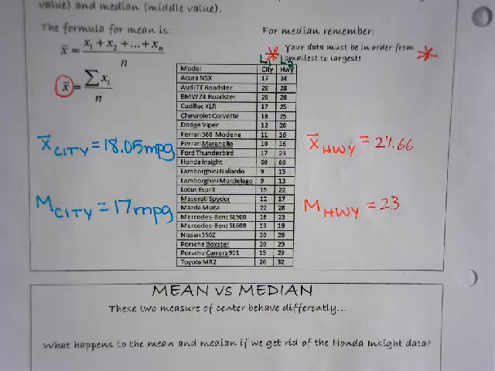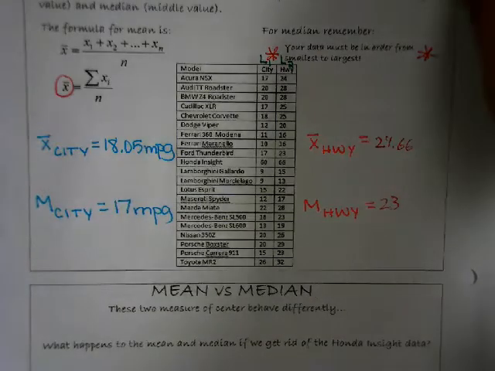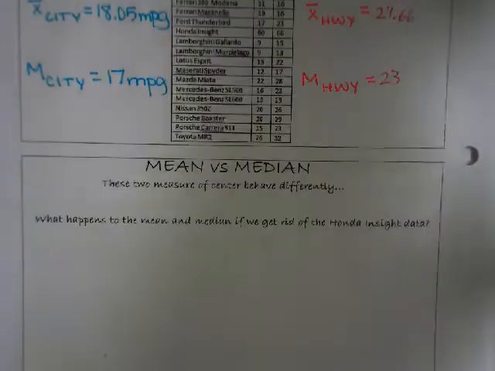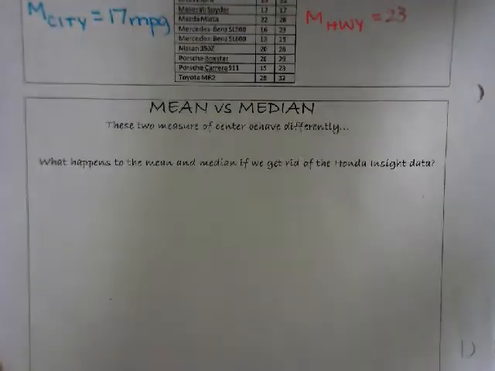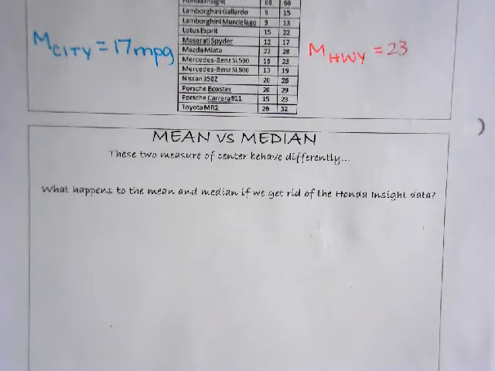66, median 23. Anybody have any questions? All right. So, mean and median are both measures of center, but they behave very differently. So we're going to look at what happens when we get rid of the Honda Insight data.